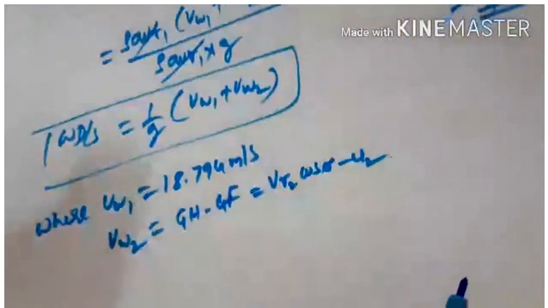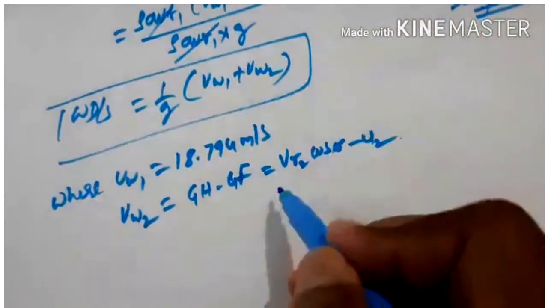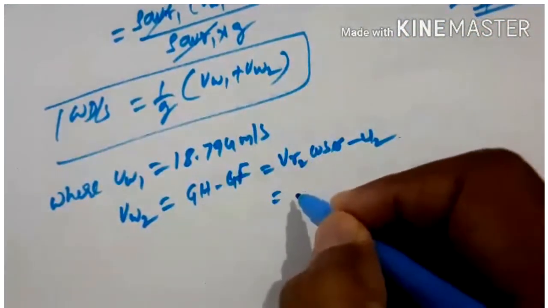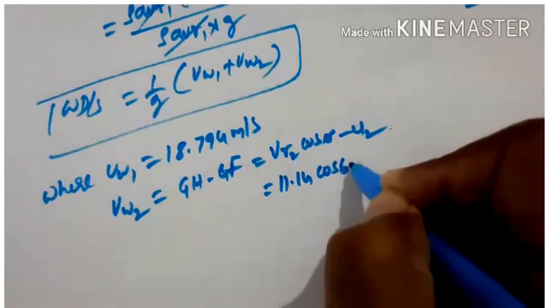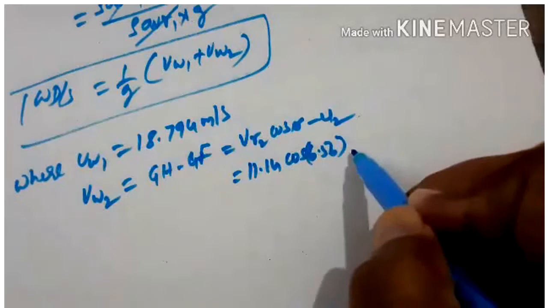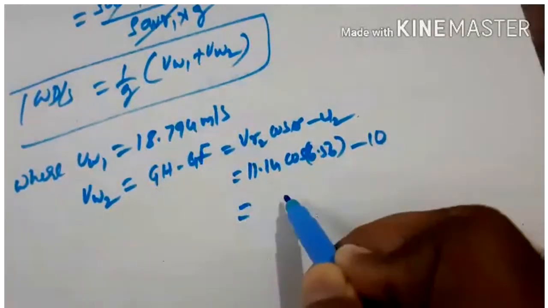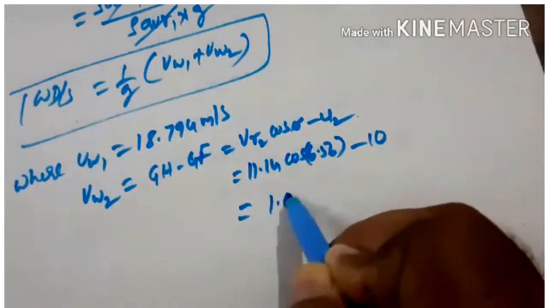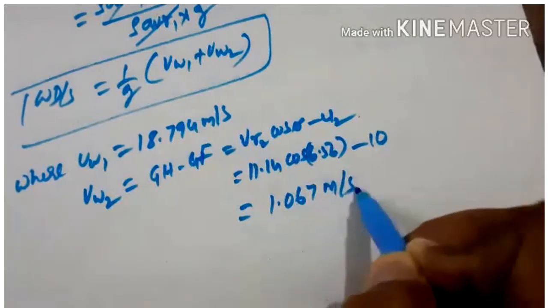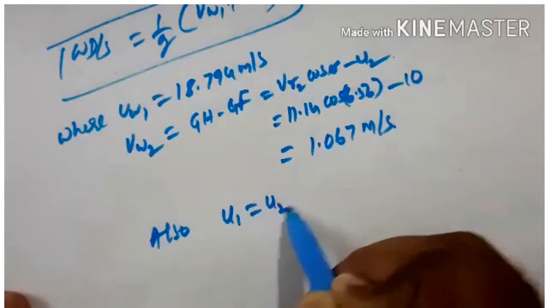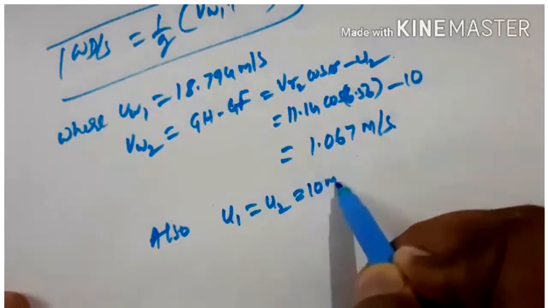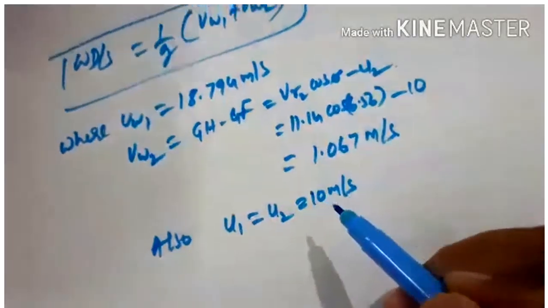Then substitute the values here. VR2 we already know, 11.14 into cos of 6.56 minus 10. You will get 1.067 meters per second. Also U1 equals U2 equals 10 meters per second.